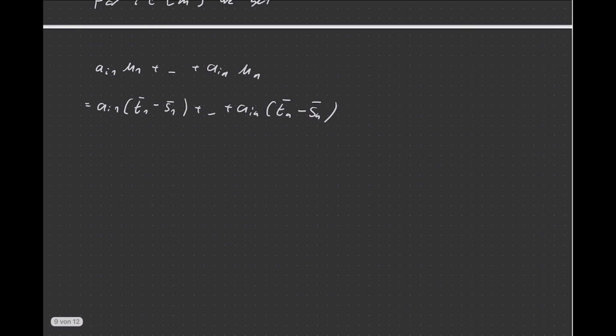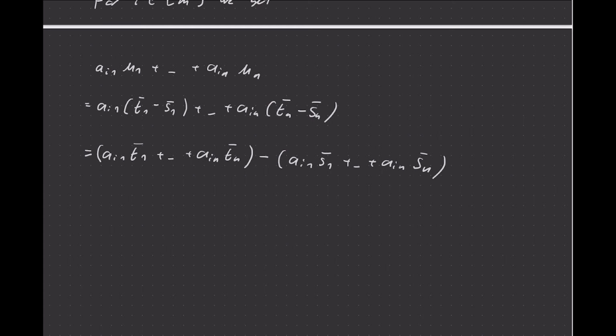And then again, let's collect the T parts and the S parts, and we get AI1 T1 bar plus, and so on, AIN TN bar. And for the S parts, there's always a minus in front of the S parts, so we factor out the minus, and then we have AI1 S1 bar plus, and so on, AIN SN bar.